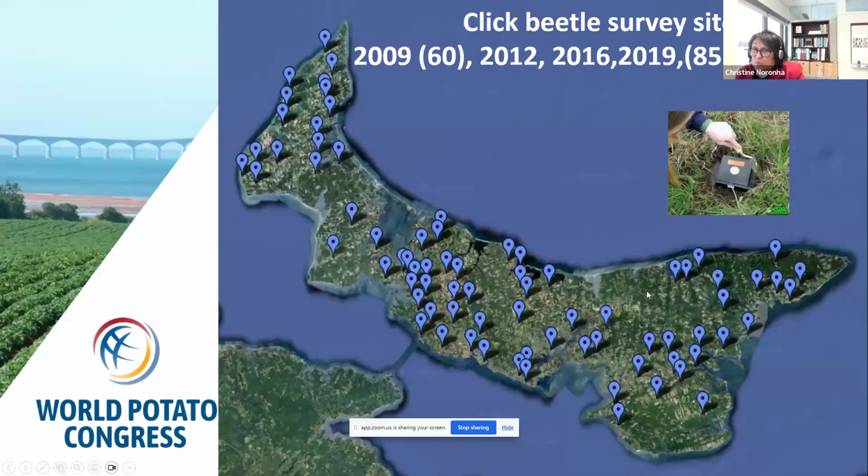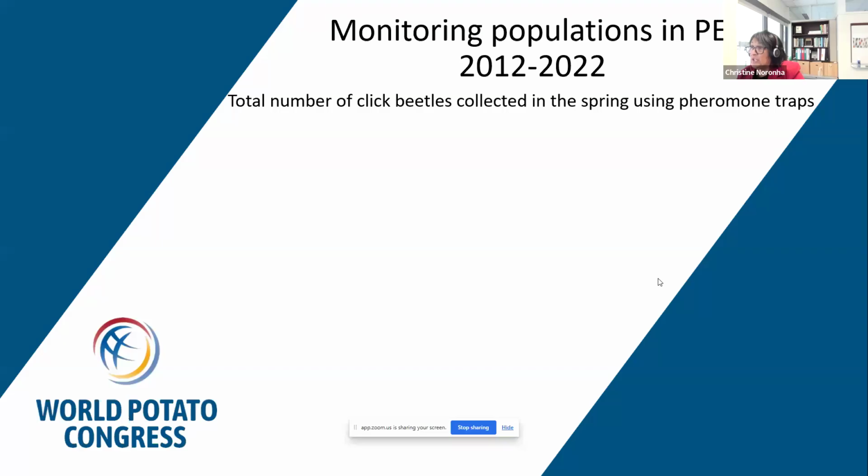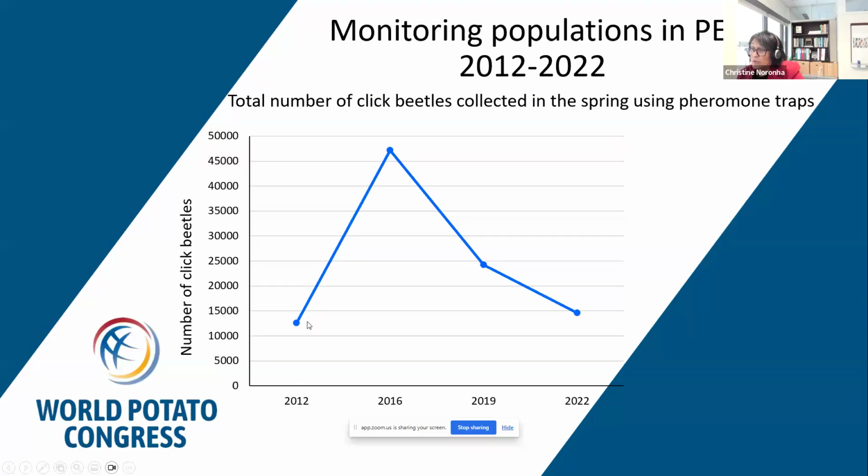It was also a way to evaluate our strategy. What's happening to the wireworm population? So we found that in 2012 that was the population. In 2016 we had 45,000 beetles on the island in those 85 fields. And then we started to see a decrease.